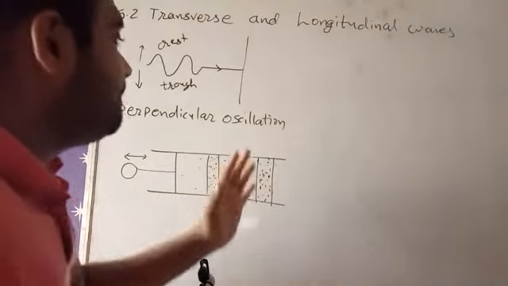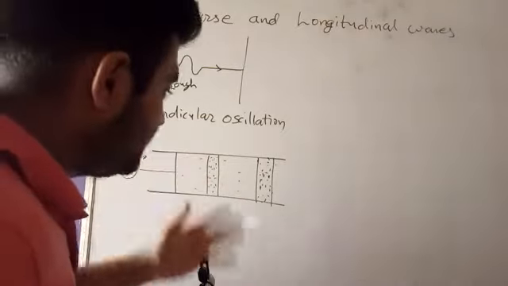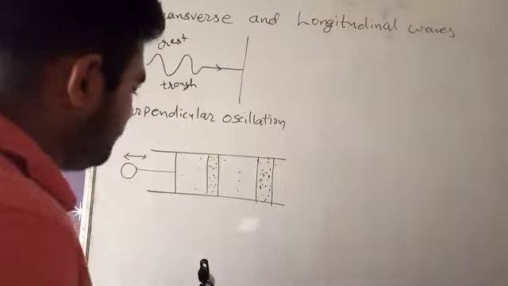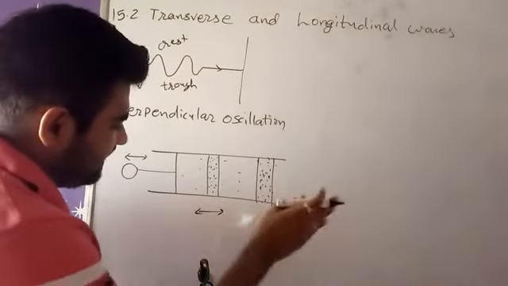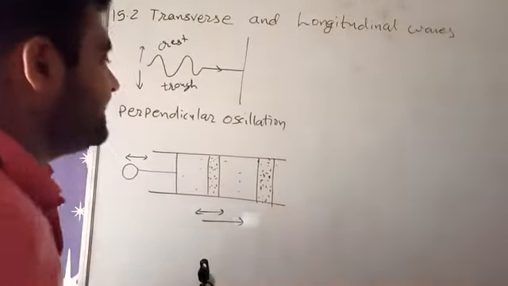In this type of wave we can observe that the oscillations are in the direction of propagation. The oscillations are in this direction, right-hand and left-hand side, and the propagation is in this right-hand side direction.